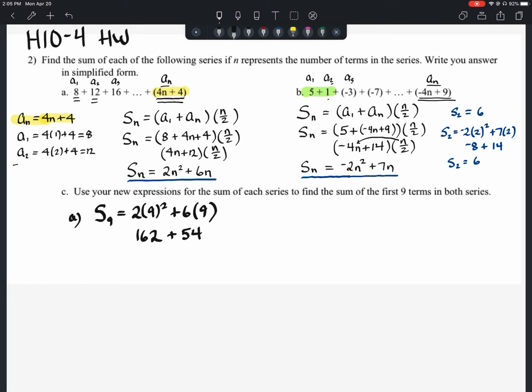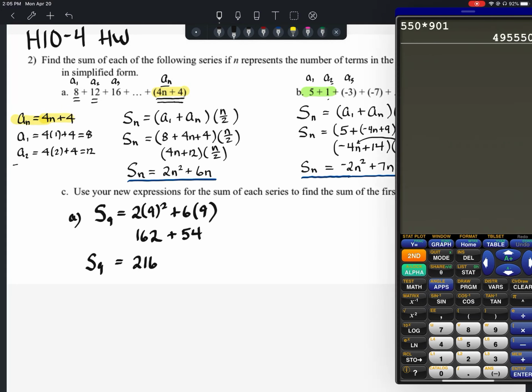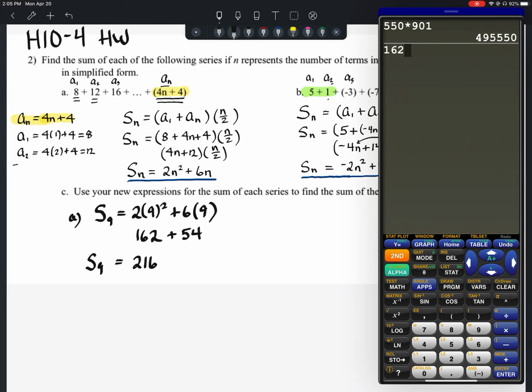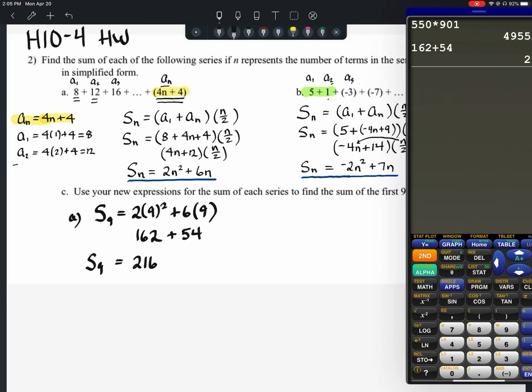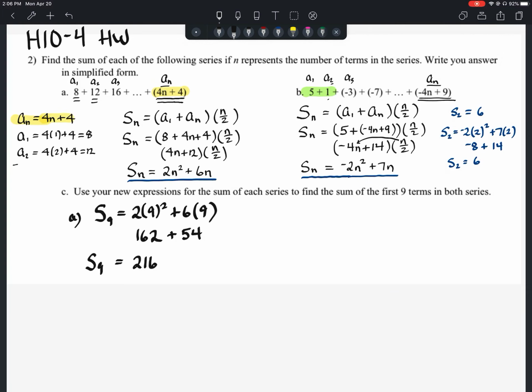We've got 160 plus 50 is 210, plus 2 and plus 4. So I think it's 216. Sum of the first 9 terms should be 216. Let's just double check it just to make sure I didn't goof that up. 162 plus 54. Yes, there we go. Good. All right, so that's the sum of the first 9 terms for letter A here.